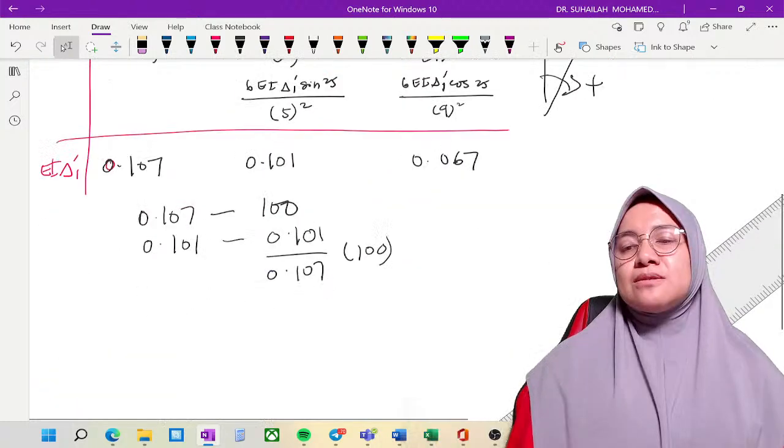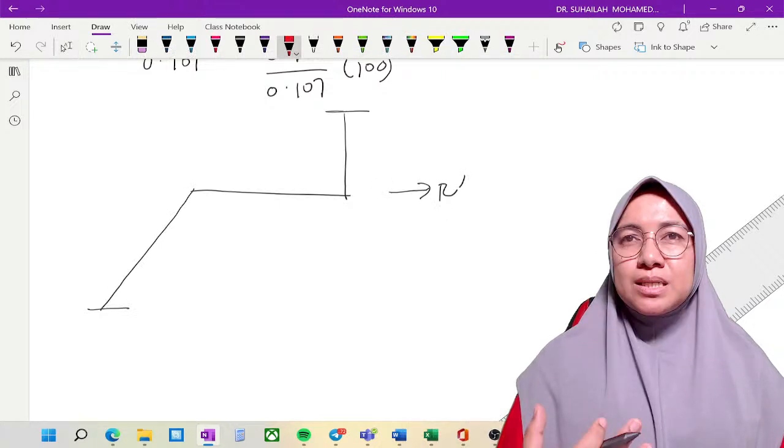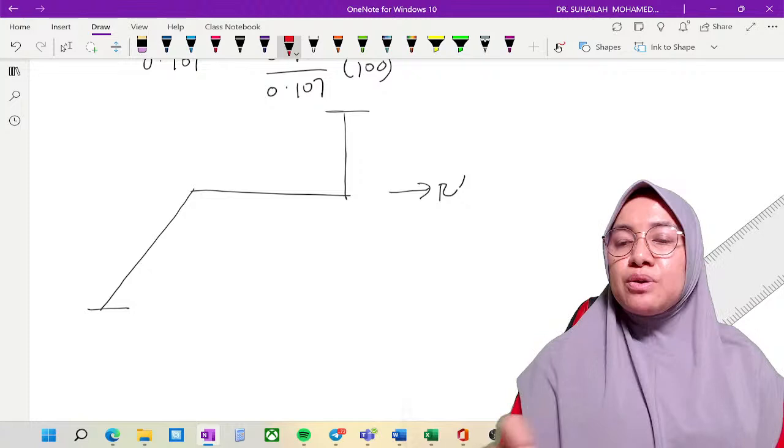So let's look at the other type of frame. Let's say we have a frame like this, and this is fixed. This is due to R prime. We have to identify where the triangle is, because this frame has one inclined column, which means there is one triangle in this frame.